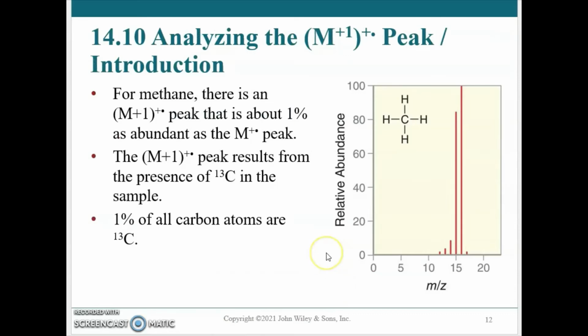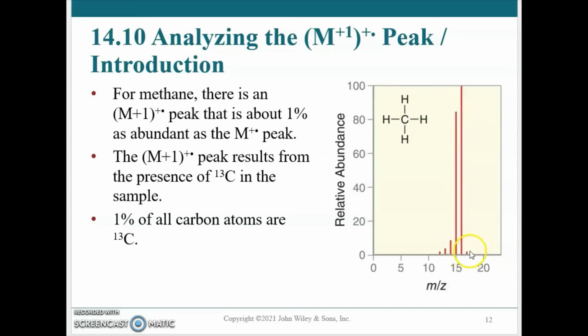Now this slide shows what I was mentioning a moment ago. This is the mass spectrum for methane, and the molecular ion peak. So carbon has a mass of 12. Each proton is a mass of 1. So that's 12 plus 4 is 16, and we see the molecular ion peak here at 16. This also happens to be the base peak.